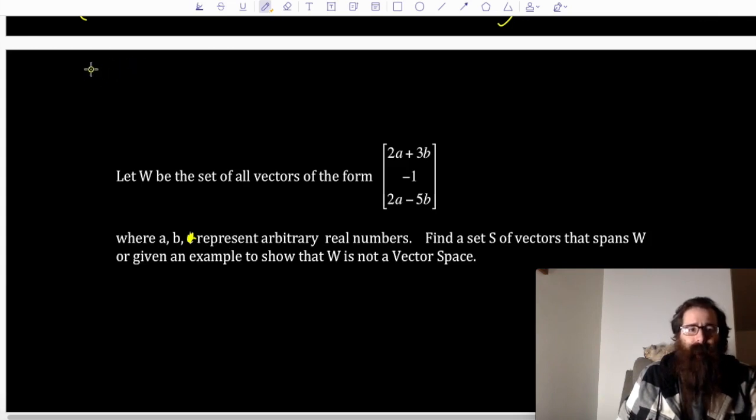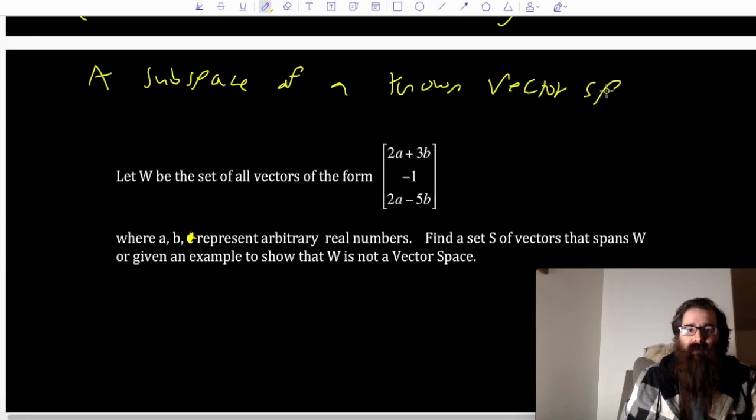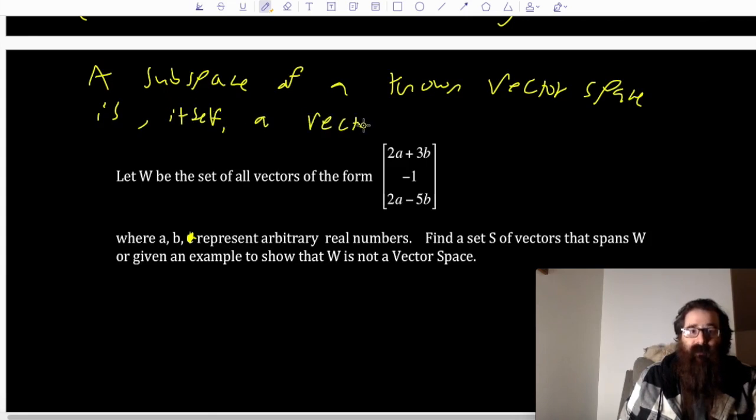We'll say this. A subspace of a known vector space is itself a vector space.